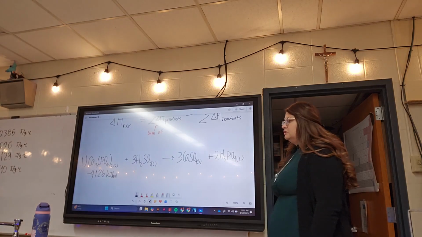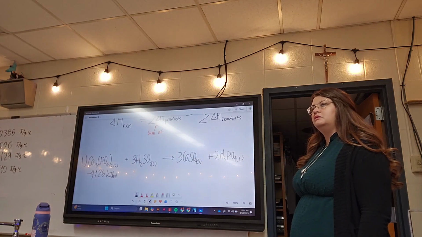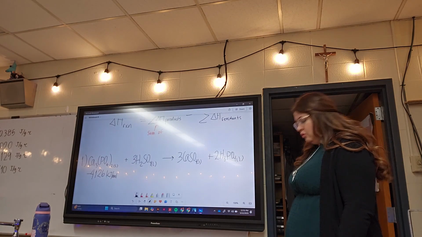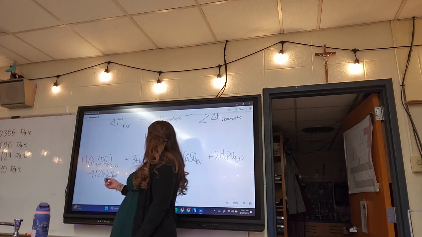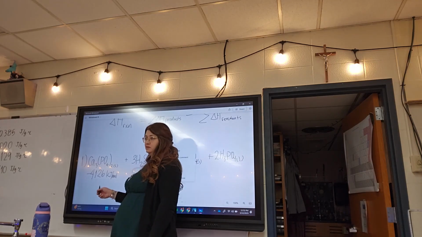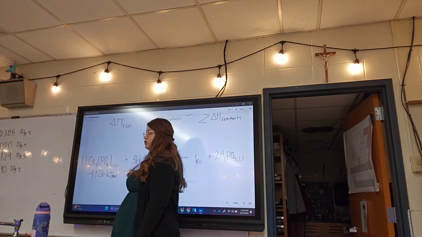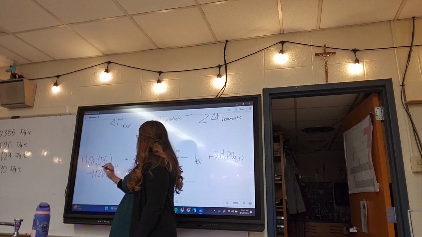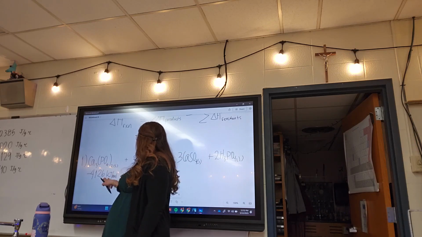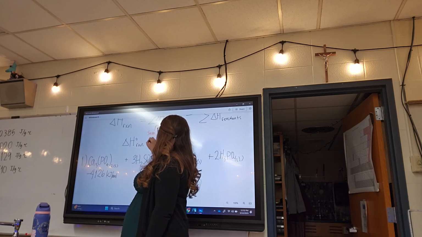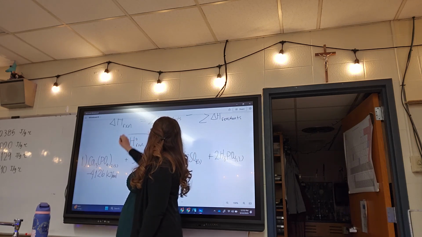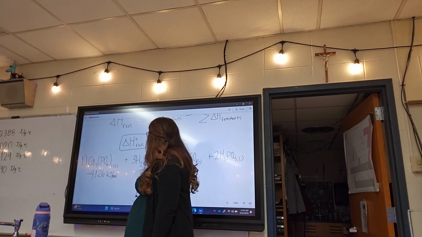Do we have to convert anything? No, the only thing that you have to do is look at this unit. Now, this is the last time I'm going to ask you to write this unit next to all of your work answers. So, what is this unit? The unit is kilojoules per mole, but we need delta H for the reaction to be in kilojoules. So how do we get rid of the mole?